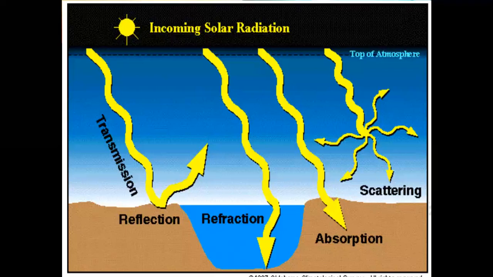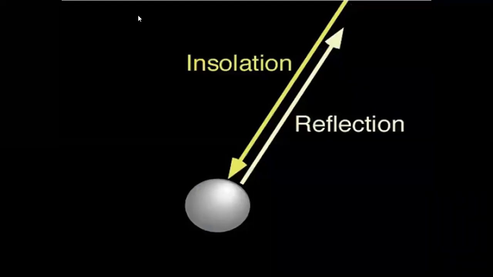When the altitude of the sun is 47 degrees, the albedo varies from 3 to 5%. On the other hand, when the sun is near the horizon, that is at about 5 degrees, the albedo is found between 50 to 80%.